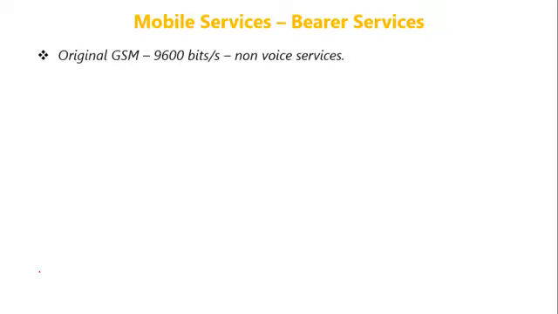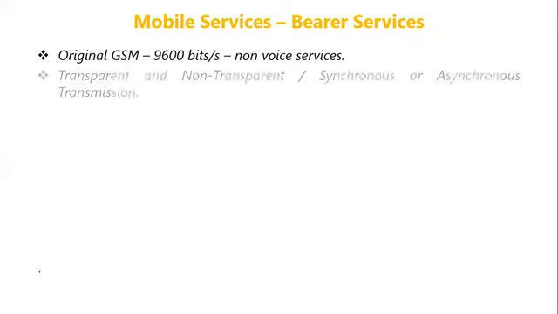Now let us discuss specifically the bearer services. Basically GSM specifies different mechanisms for data transmission. The original GSM allows data rates up to 9600 bits per second for non-voice services.